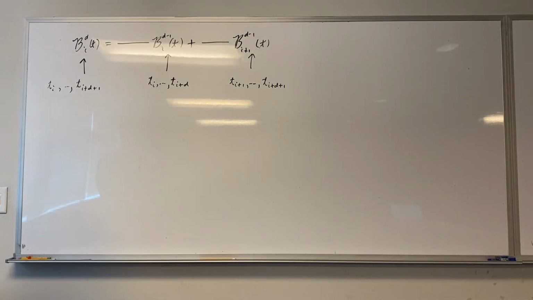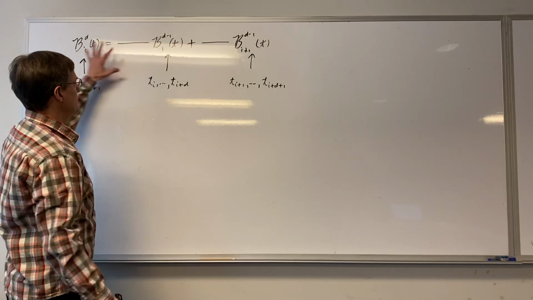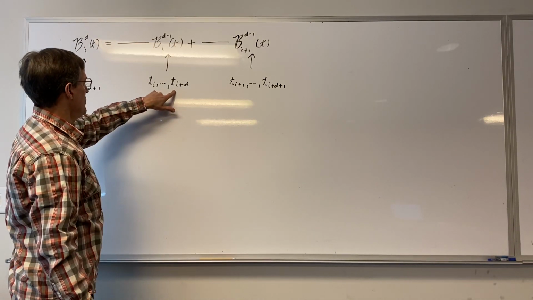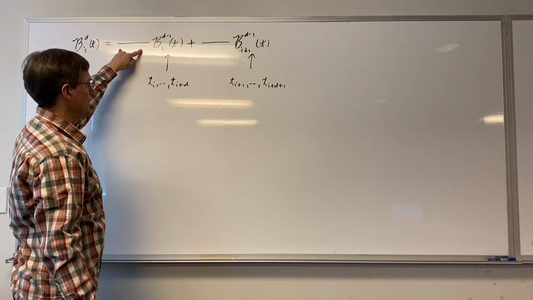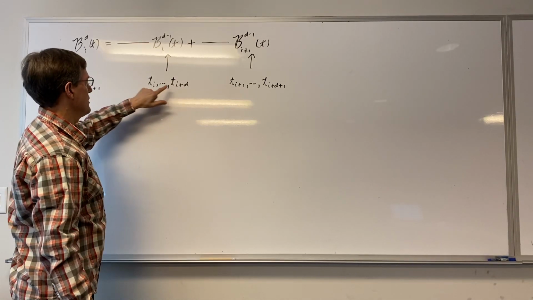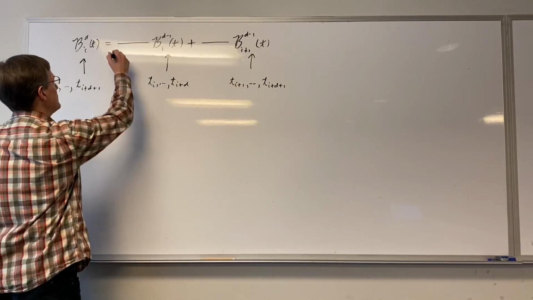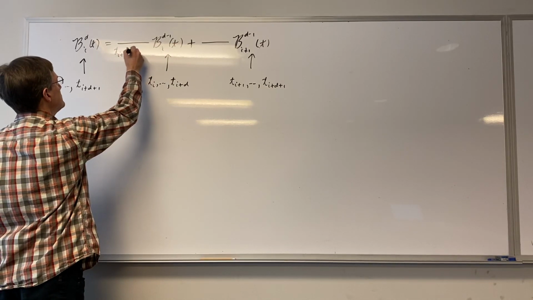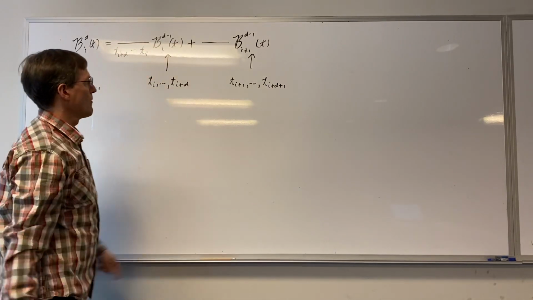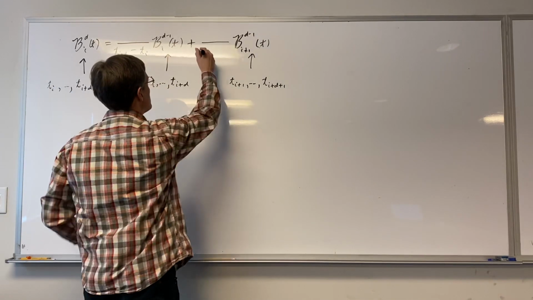Okay, so these are the knot values that are used in the definition of each of these B-splines. What goes in the denominator for each of these is just the last knot value minus the first knot value.